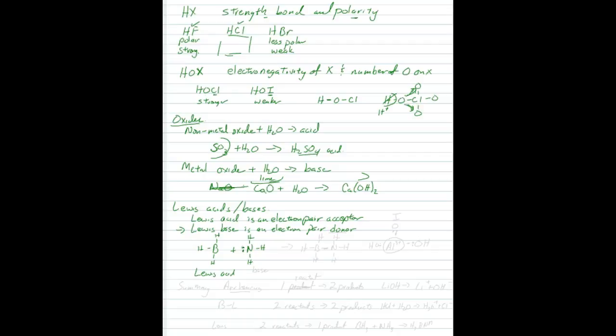So what happens is you form a bond between these two, and you get H3B-NH3. So this is the bond. Where is this bond coming from? Well, the electron pair is being donated by the Lewis base, the electron pair donor. It's the one with a lone pair on it, and it is going to the substance that does not have a lone pair.